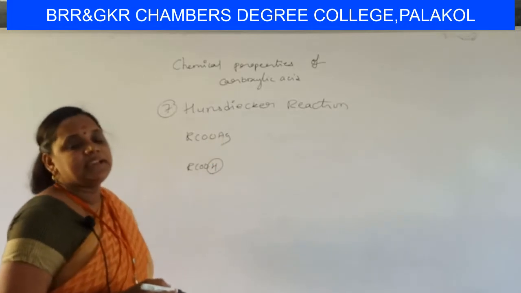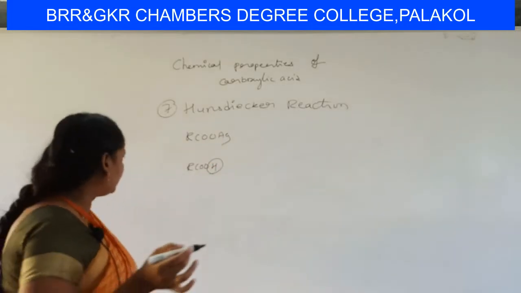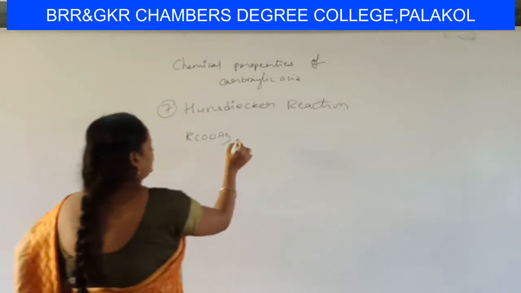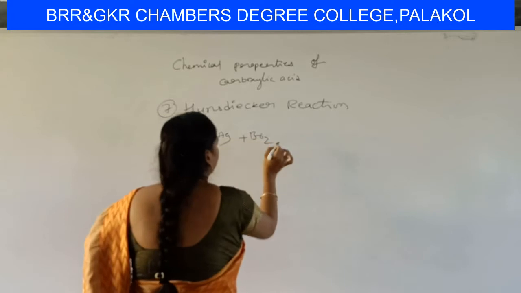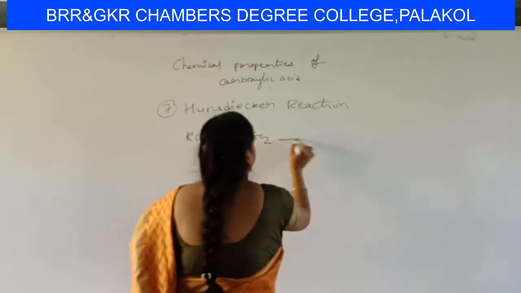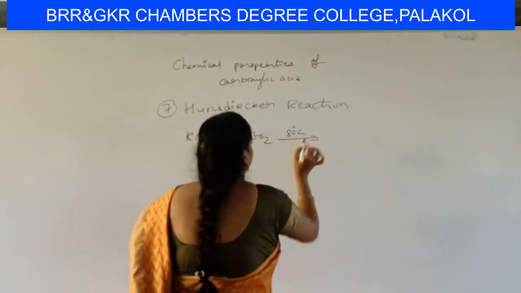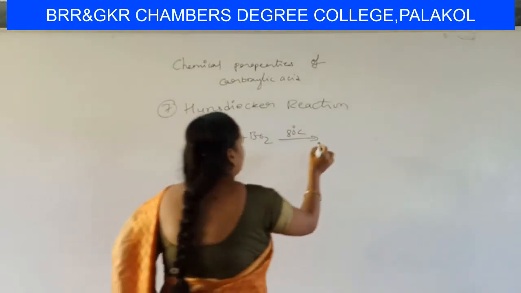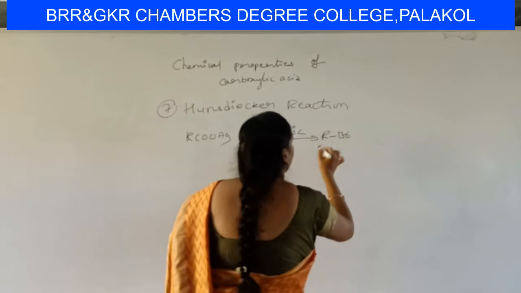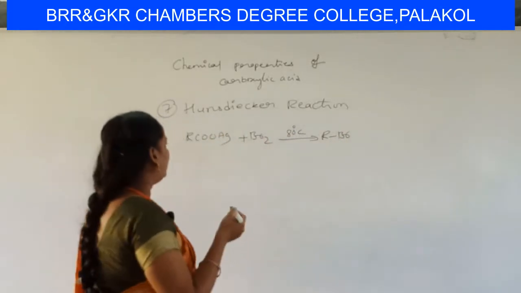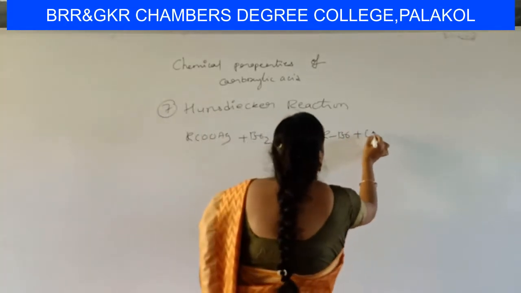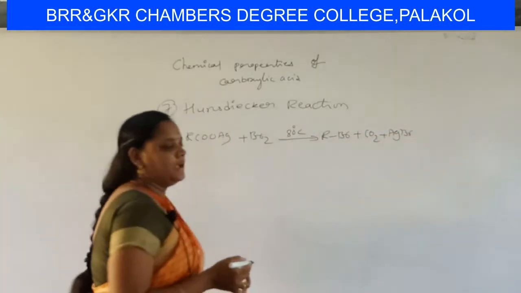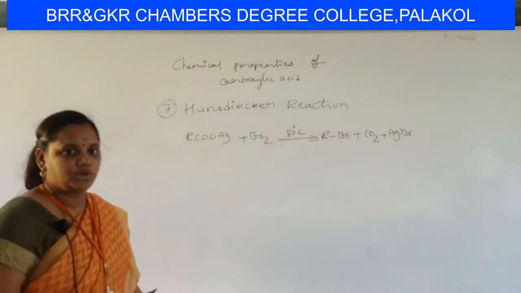So, silver salts of carboxylic acids are treated with bromine at 80 degrees C temperature, which results in RBr, alkyl halide, plus CO2 plus AgBr.